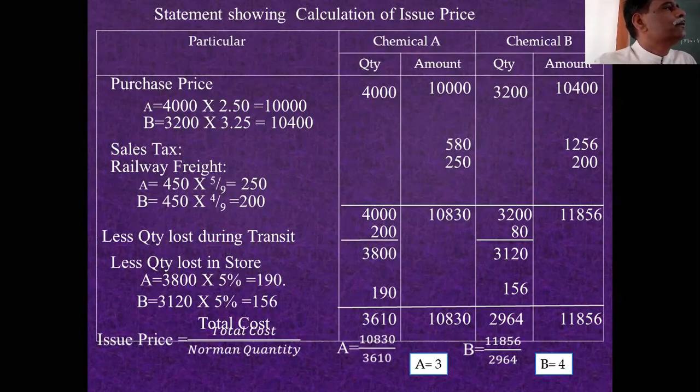What is the answer? 2.99. Okay. This is the second method of calculation. Then take this one, 12,448.8 divided by this quantity 3,120. 3.99.